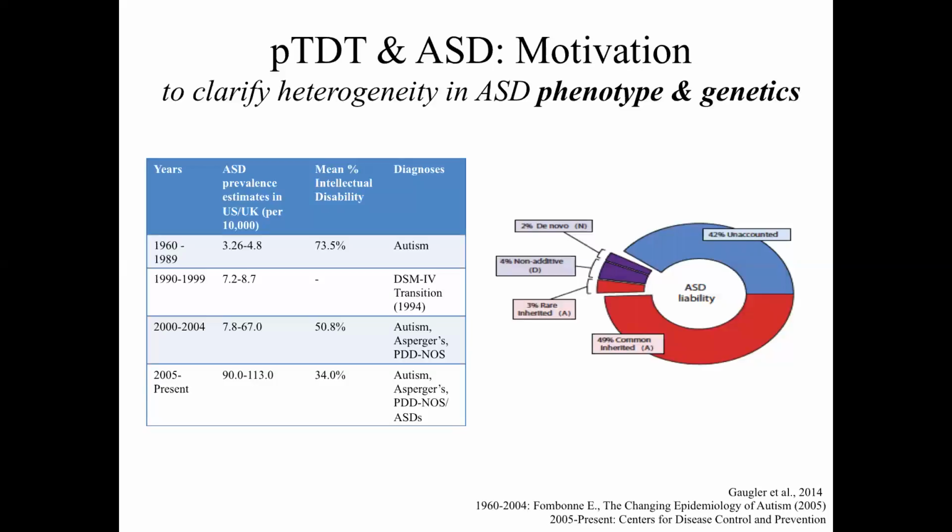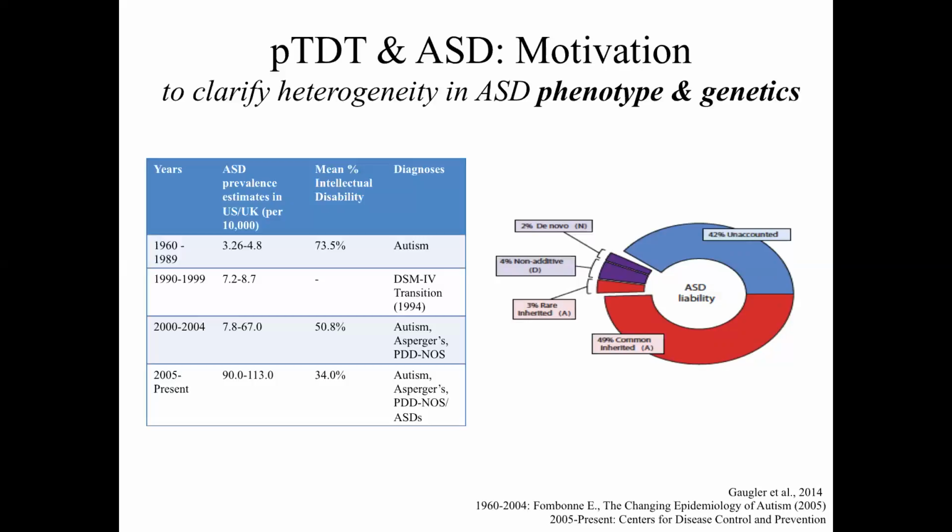Along with heterogeneity in phenotype, there's also great genetic heterogeneity. At a population level, most of the genetic liability for autism resides in common inherited polygenic variation. There is also a role for rare inherited variation and de novo variation.